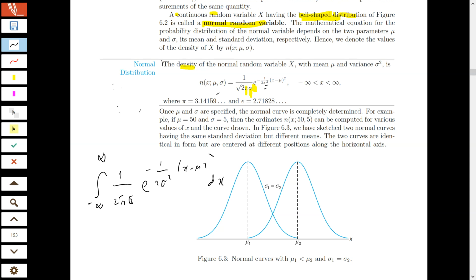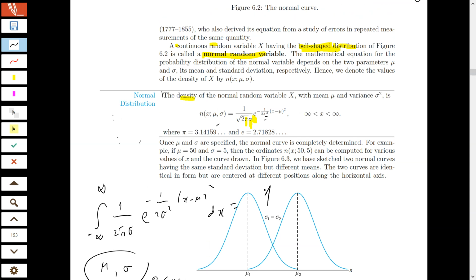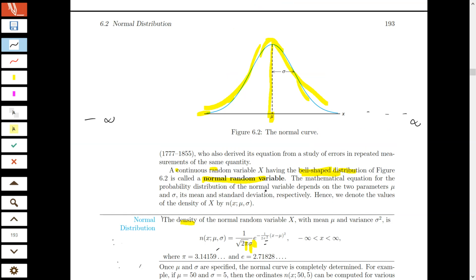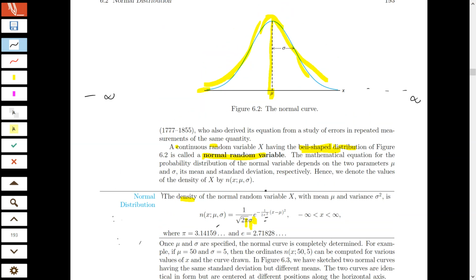And here I assume that I have fixed sigma and mu. These are parameters, so you need to fix them before you integrate this. This integral will turn out to be 1 because this is the density, right? I want you to think about this shape and think about this formula.